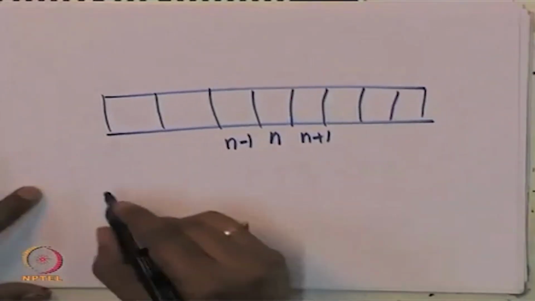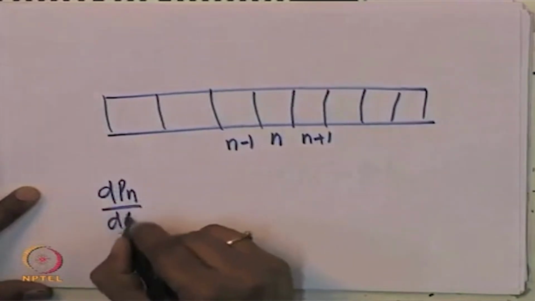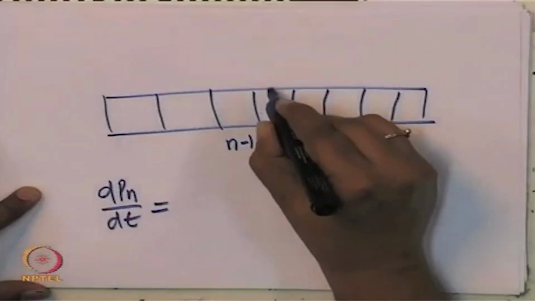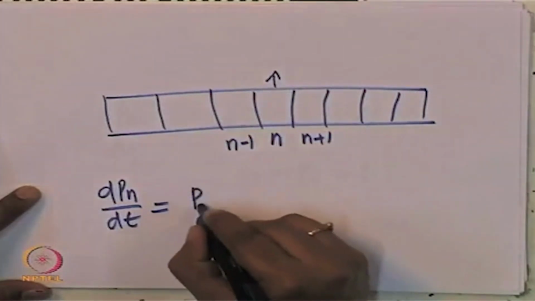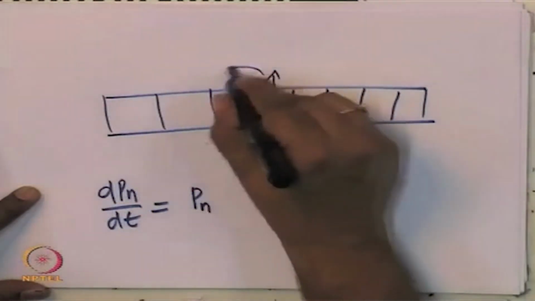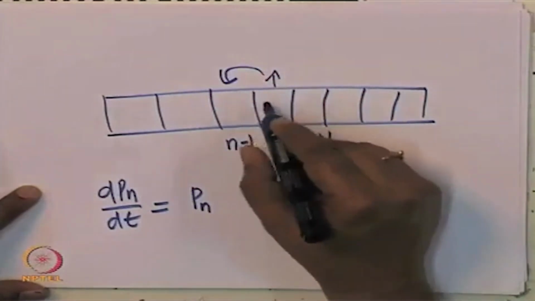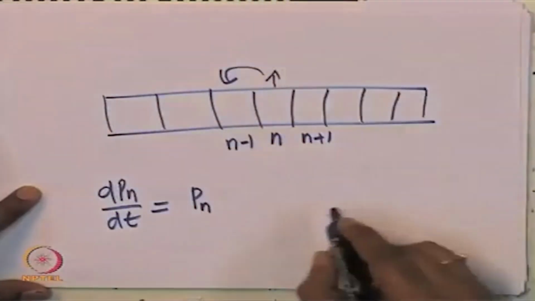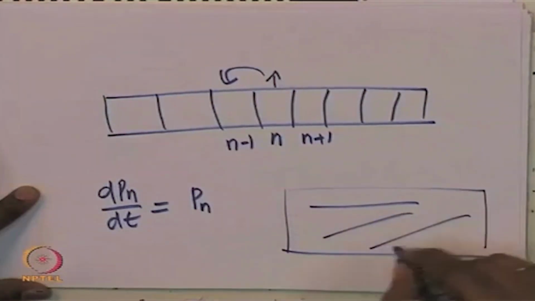So dPn by dt: if there is a molecular motor already here, it can go away and then the Pn will decrease. Imagine you have many filaments.